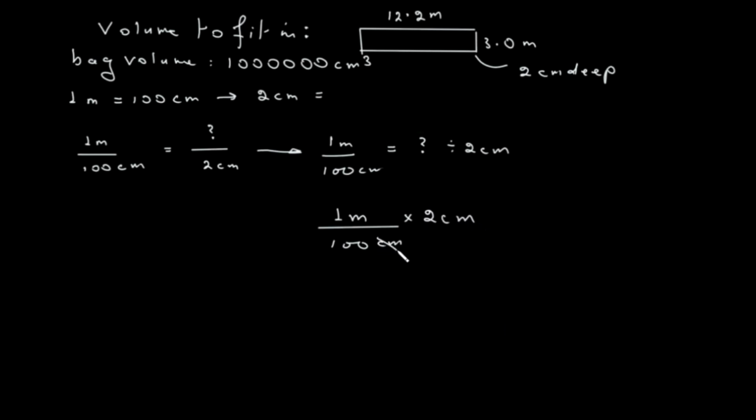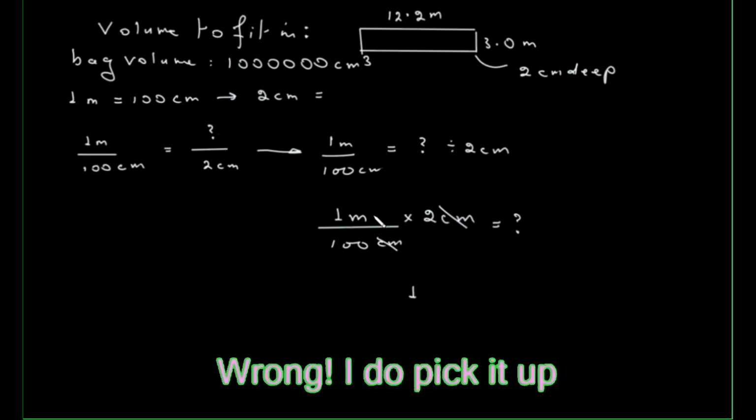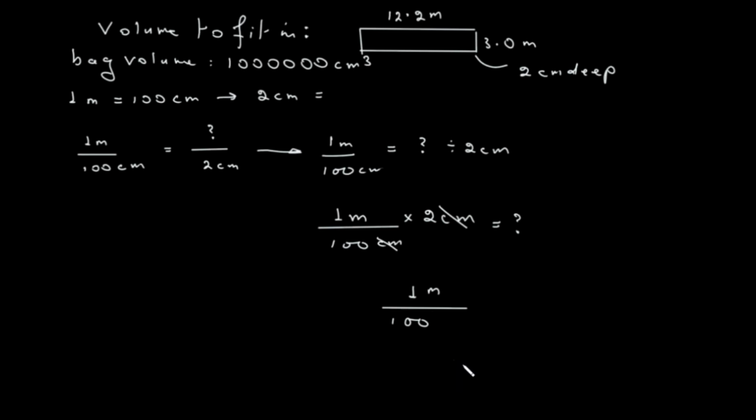The units of measurement cancel out, so we end up with 2 times the 1, which gives me 1. The only unit of measurement on the top is meters, and under here we have 100, no unit of measurement, so we divide that by 100.